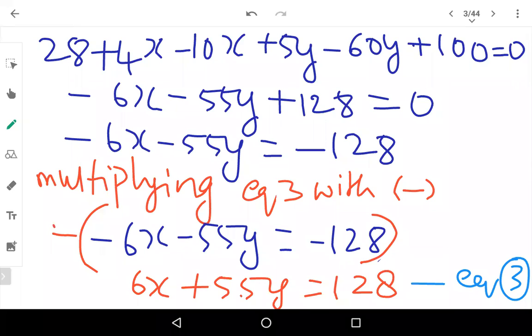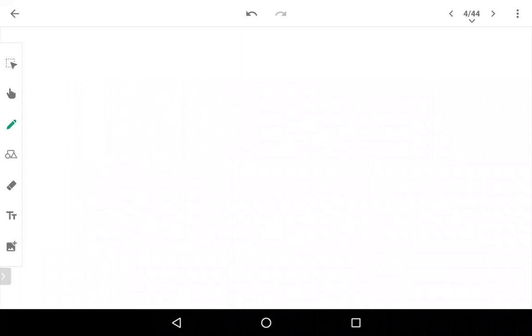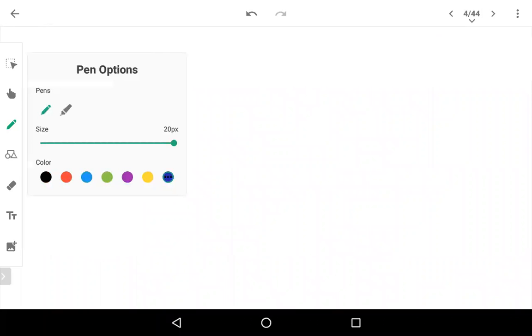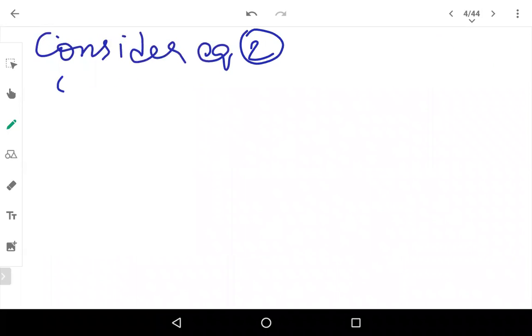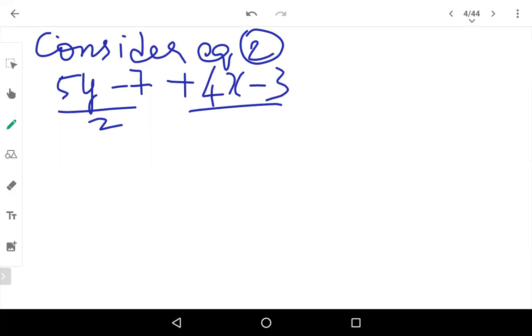Okay, now let us go to the next equation. Consider equation 2. What is equation 2? 5y minus 7 by 2 plus 4x minus 3 by 6 is equal to 18 minus 5x.